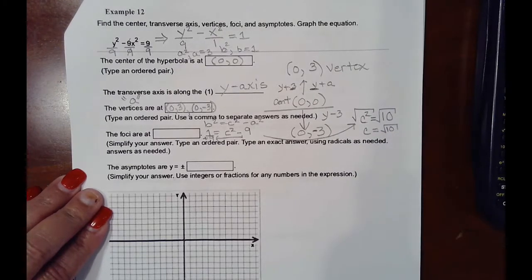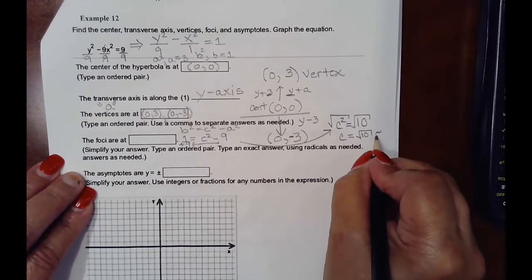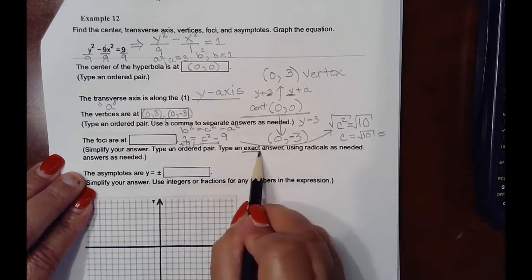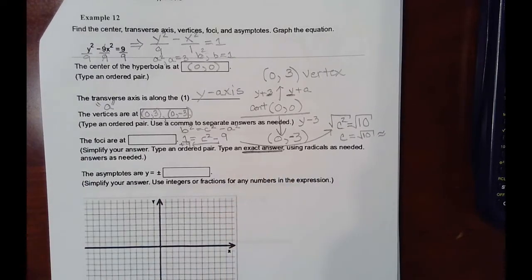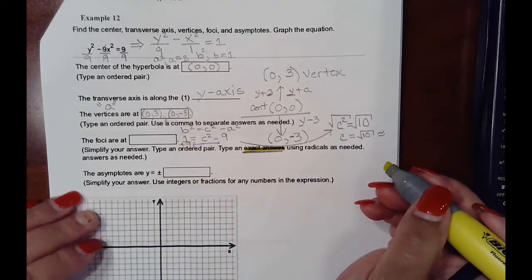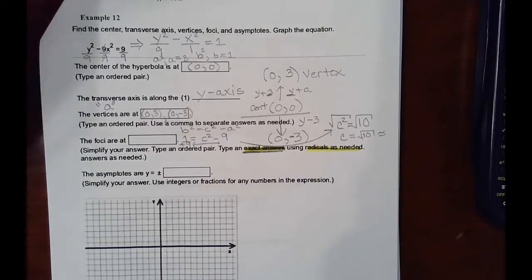You might want to get a sense of what that means as a decimal for when you go to graph. So I'll put that here for later. But when you're asked to give the foci, they want it in an exact answer. And when you are giving an exact answer, that means you can't give a decimal approximation. Use your knowledge of radicals.